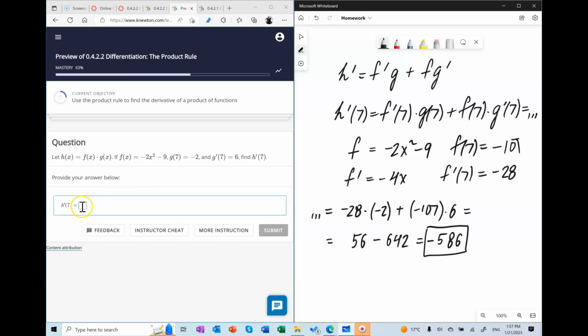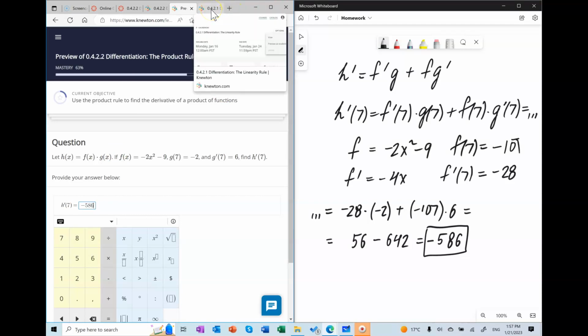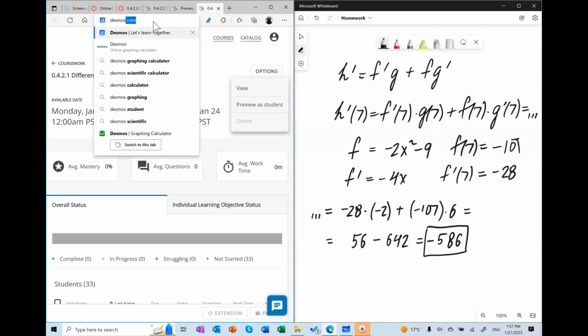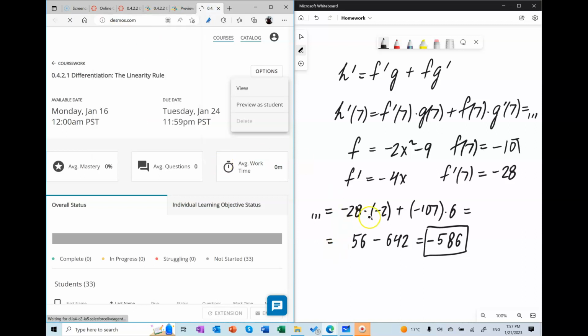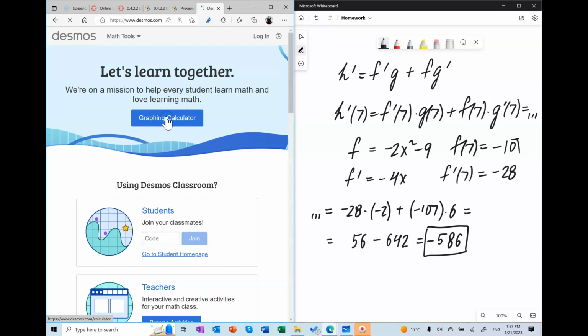However, if you're not sure about your basic arithmetic skills, what I would suggest is opening Desmos. And Desmos has the ability to compute numerical expressions, so you don't have to use it just for graphing.